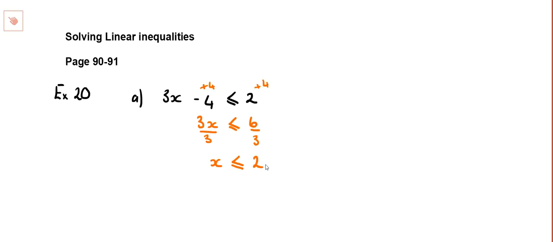Okay? And we ought to check, whether you do it on paper or whether you do it in your head. Pick a value that x is less than 2. So I'm going to check with an easy one. Just say x is 1. Alright, make it nice and easy. So what that means is that if I've done it correctly, 3 times 1 minus 4 should give me an answer less than or equal to 2.